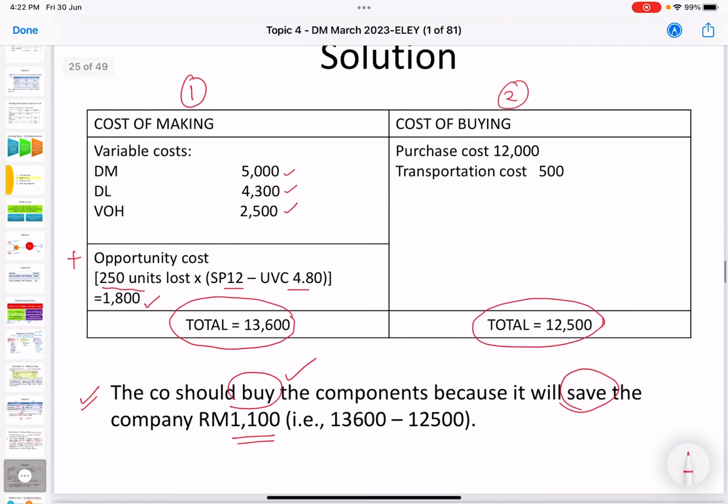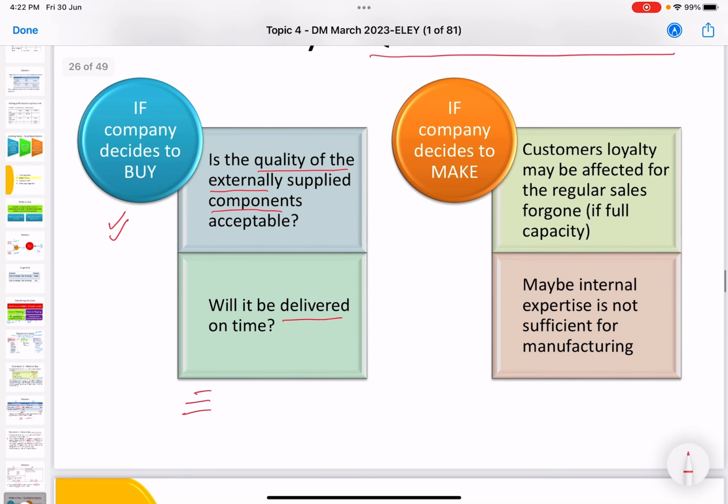Among the examples of qualitative factors to consider is, if they decide to make and there will be some opportunity cost arising, as in the case of opportunity cost, then the company might face customer loyalty being affected because of the regular sales being foregone. So this might jeopardize the image of the company. That is number one.